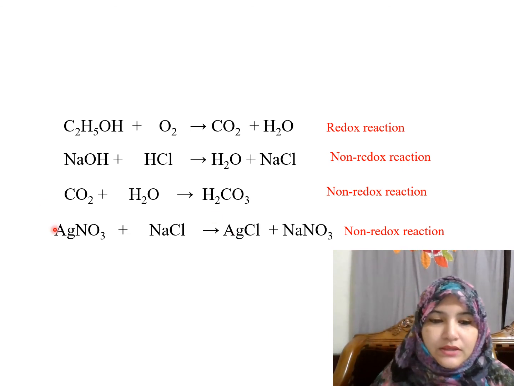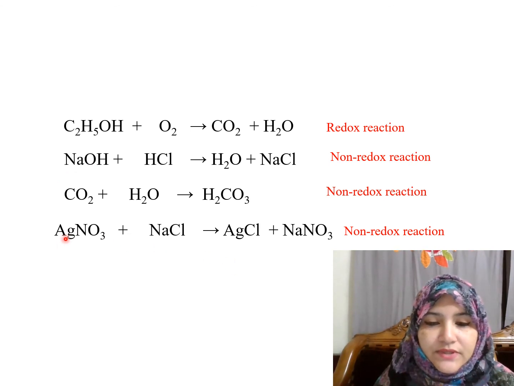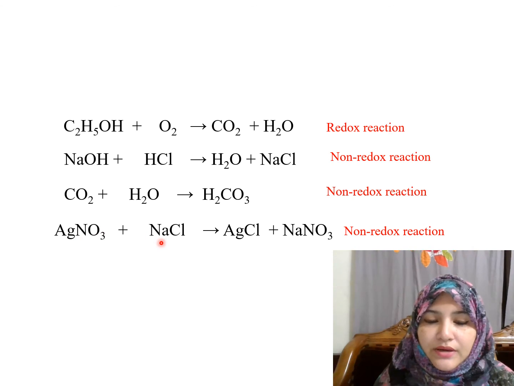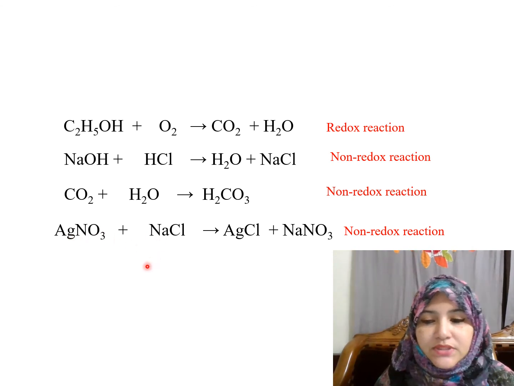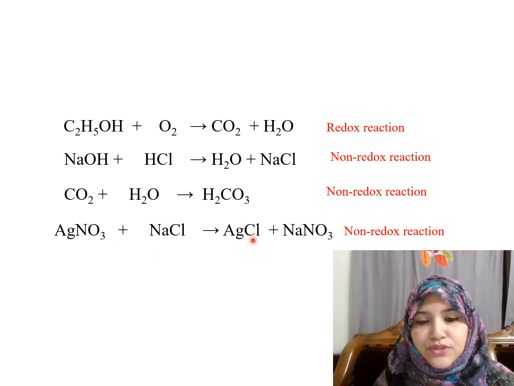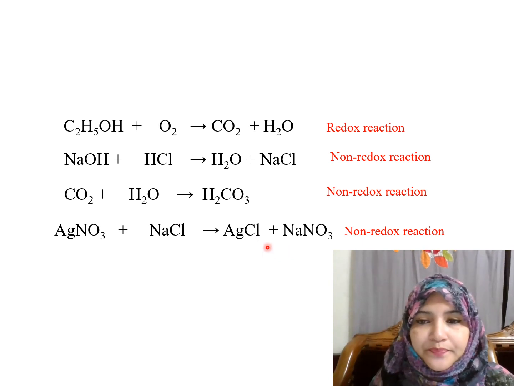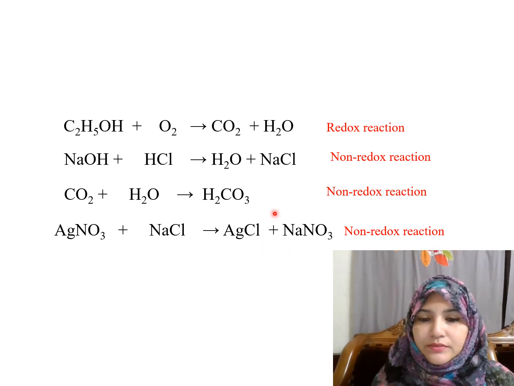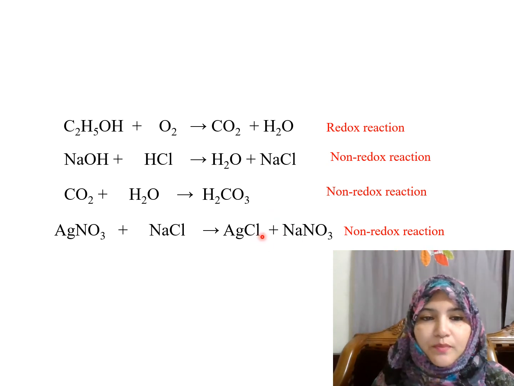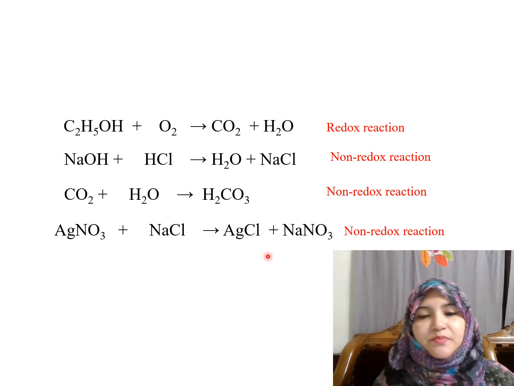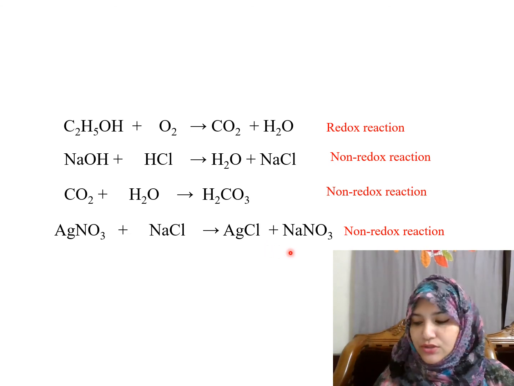Here we can observe that silver and sodium ions exchange their positions and produce two new compounds. And in this reaction all four species we have are just compounds, and this is a precipitation reaction and a non-redox reaction.